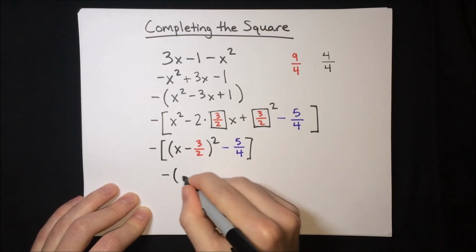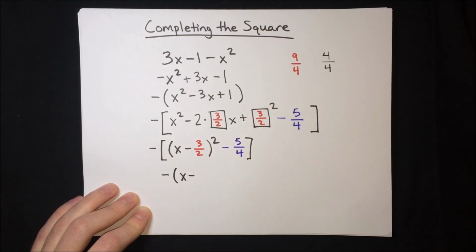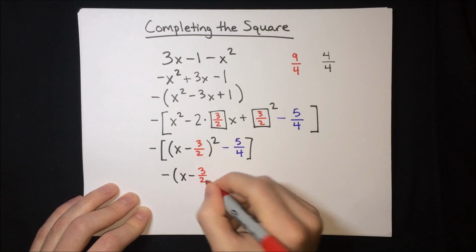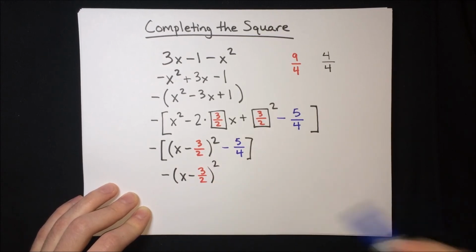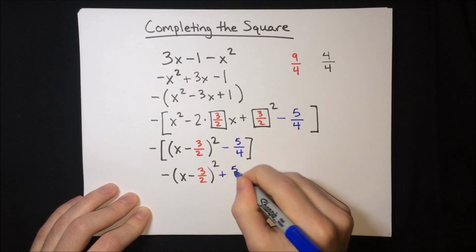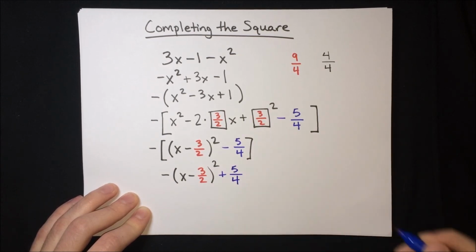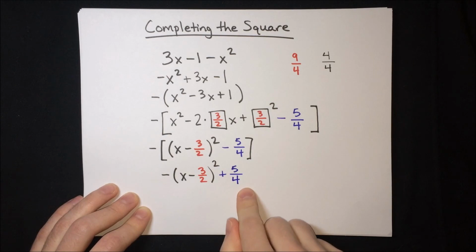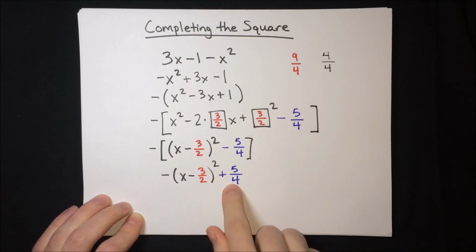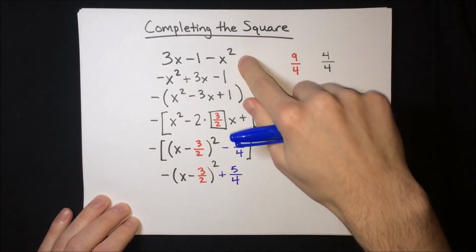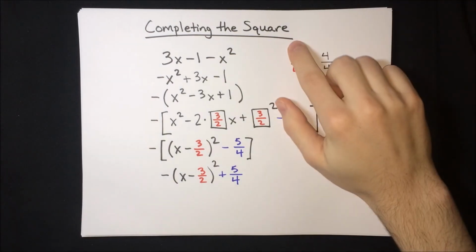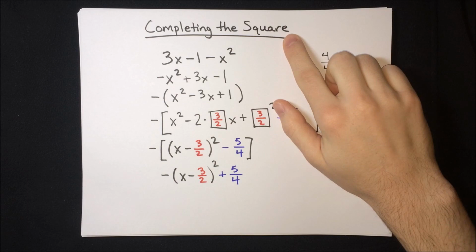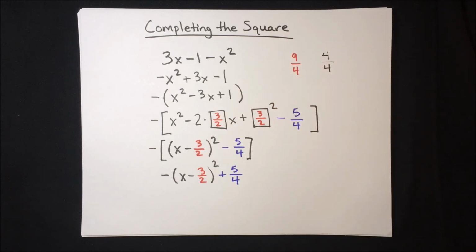So negative x minus 3 over 2 squared, and then this time plus 5 over 4 because we're multiplying by negative 1. And there we have it. There's the perfect square plus or minus some constant corresponding to that expression. Completing the square is a pretty handy technique. In the future, we'll learn how to use it to solve quadratic equations.